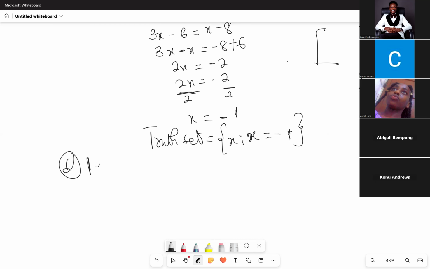If 3 exponent x minus 2 equals 1/81, find x.